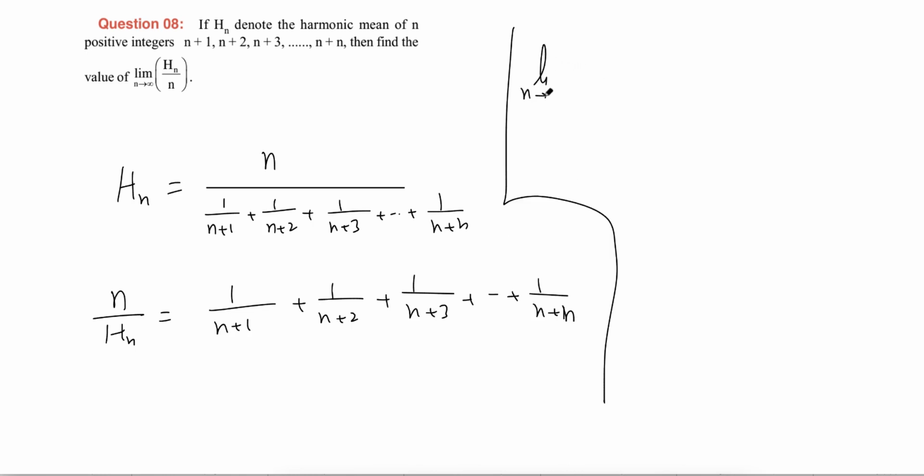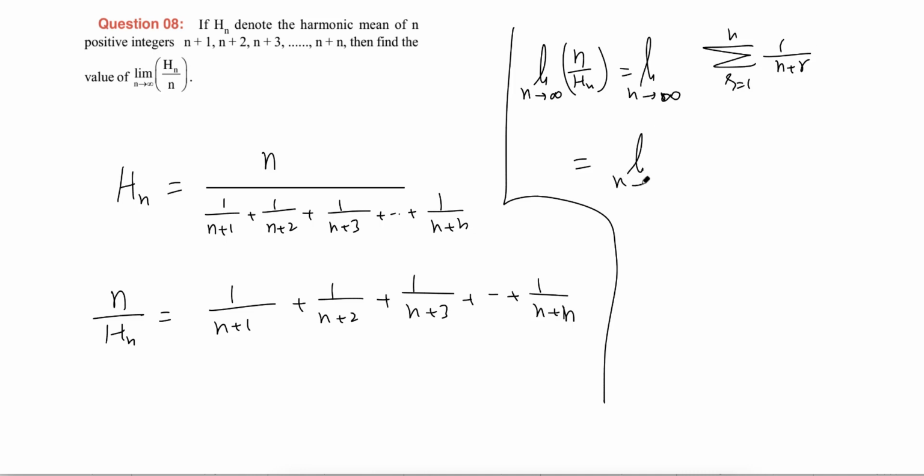So limit n tending to infinity, n by Hn will be equal to limit n tending to infinity of the sum of 1 by n plus r, r varying from 1 to n. I take 1 by n out, so this is limit n tending to infinity of 1 by n sigma of 1 by 1 plus r by n.